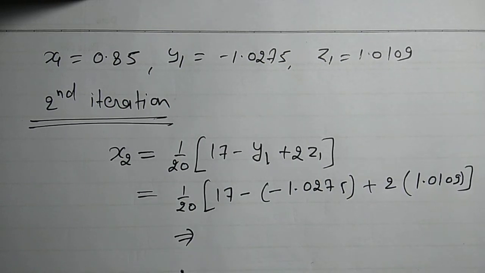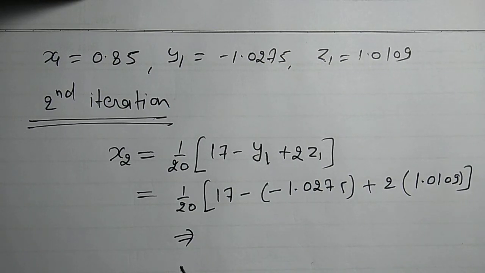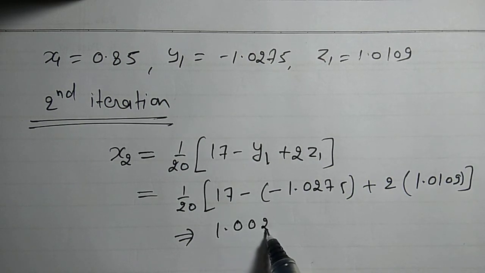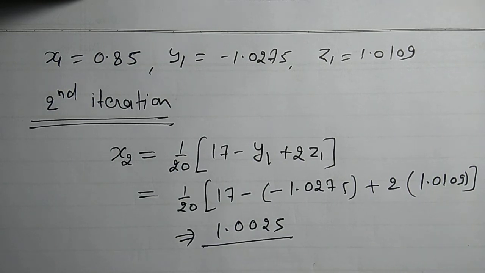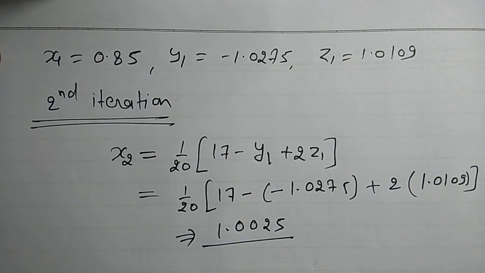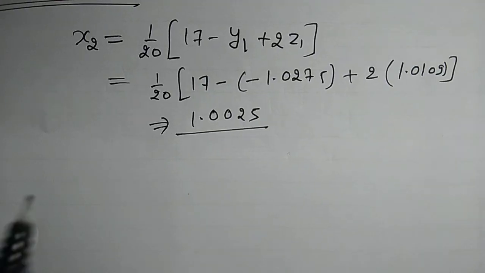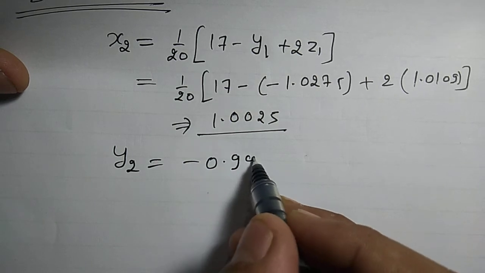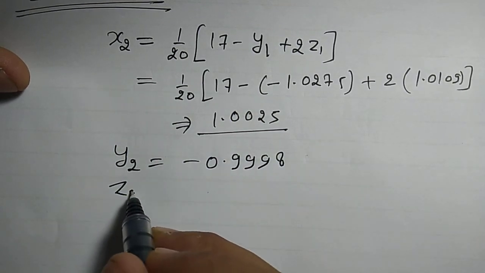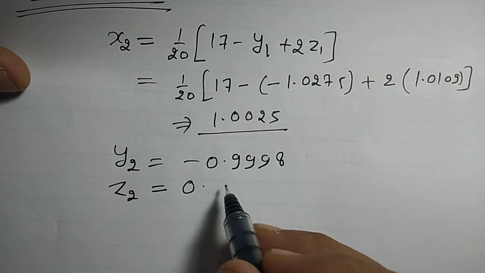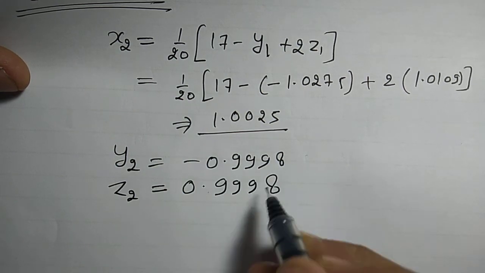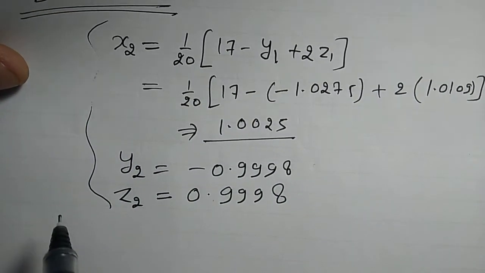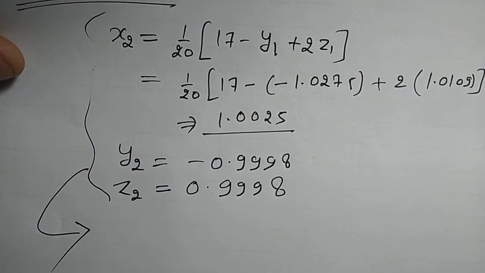If you simplify, the value of x2 is 1.0025. In the same way we can find y2 equal to minus 0.9998 and z2 equal to 0.9998. This is the value for the second iteration.